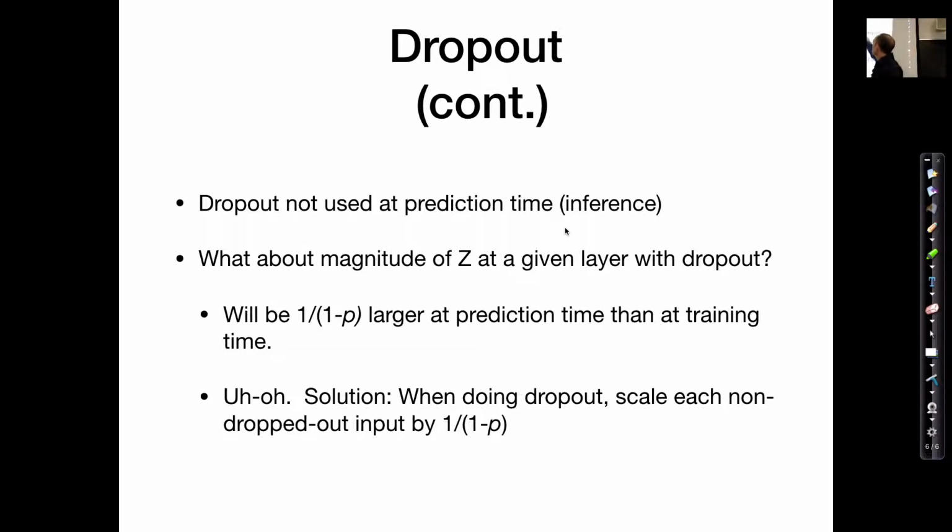But there's a particular problem. If we look at Z, we've got a layer that has dropout. What's the magnitude of Z if we do the dropout and if we don't do the dropout?